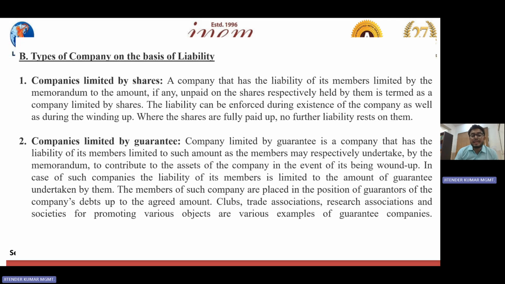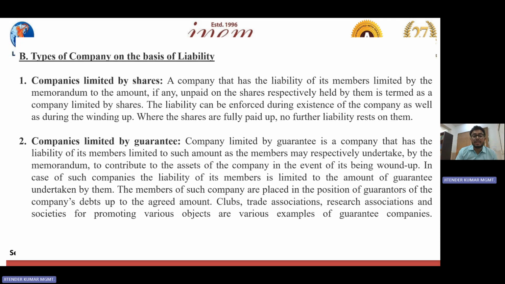If we talk about limited by shares, that means a company where the liability of its members is limited by the memorandum to the amount, if any, unpaid on the shares respectively held by them. In a company limited by shares, the liability can be enforced during the existence of the company as well as during the winding up. So these are limited by shares.